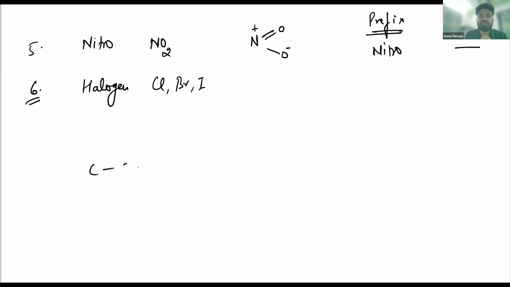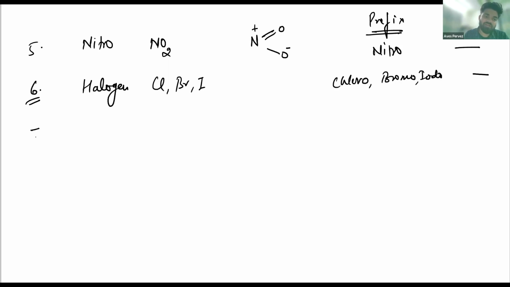If the carbon chain is attached with some chlorine at the end, or some bromine, or in the middle also, if chlorine, bromine, iodine is attached with the hydrocarbon chain, then we consider it as halogen. Okay, now you can write it. Their names are written in the prefix, like chloro, bromo, iodo, etc. They have no suffix.